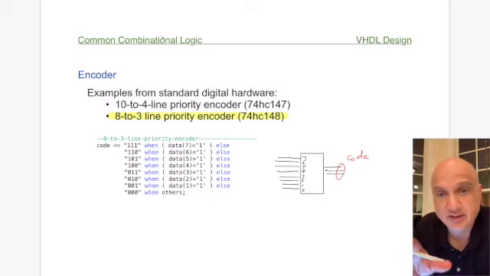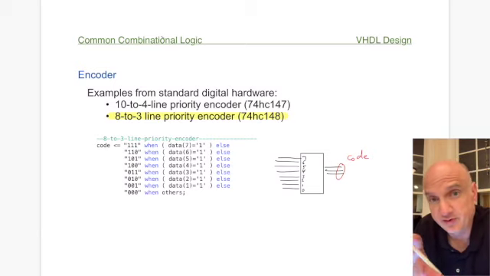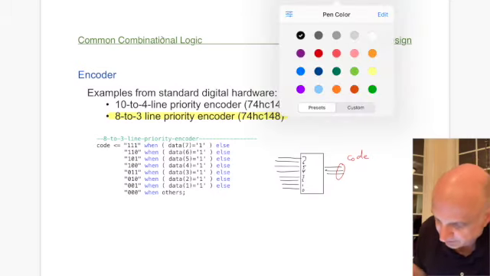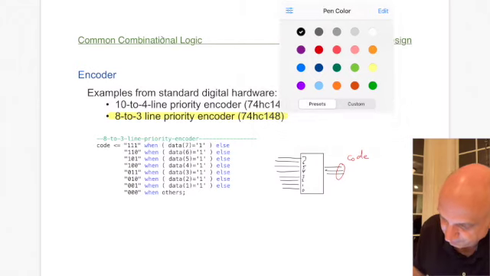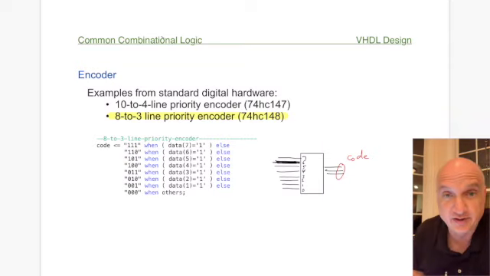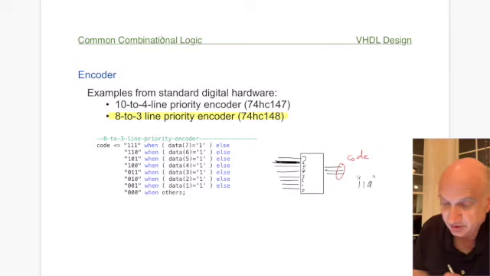Now the way the encoder works is whenever a wire is activated, it will cause the signal on the output to have the proper code for that. So let's pretend that we activate line 6. Now obviously if we activate line 6, then we expect for the code output to be 110, which corresponds to the value of 6, right? So we're taking an individual wire and we're causing a code to come out.